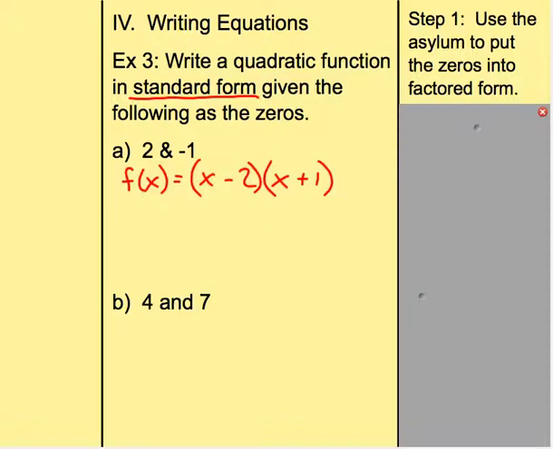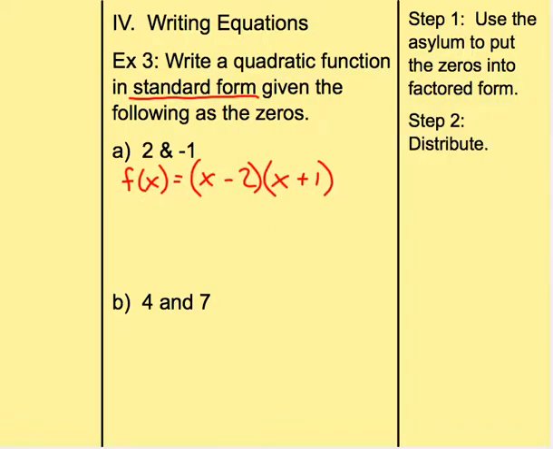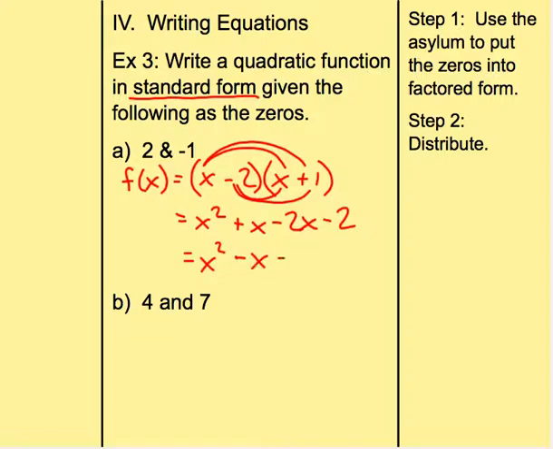So in order to get it into standard form, we distribute. X times x gives us x squared. X times 1, negative 2 times x, and negative 2 times 1. Combining our like terms, we get x squared minus x minus 2.